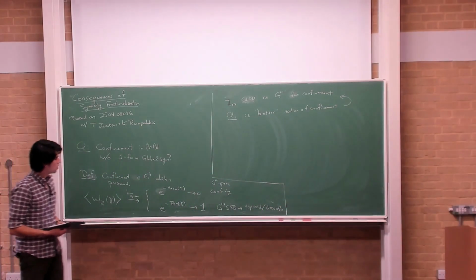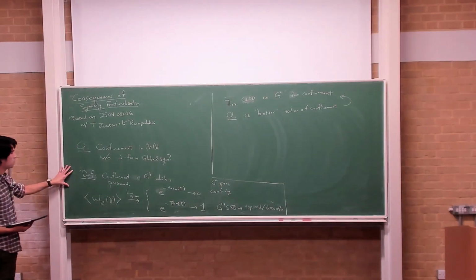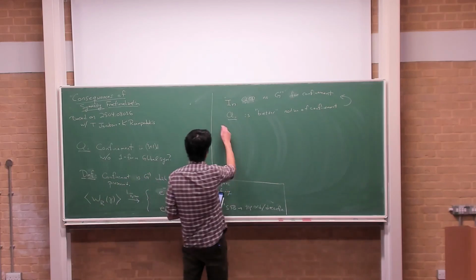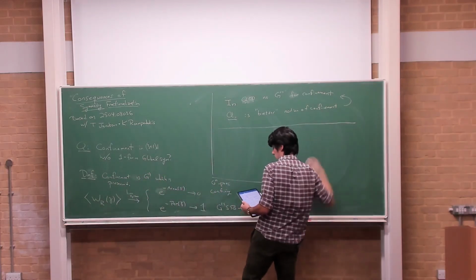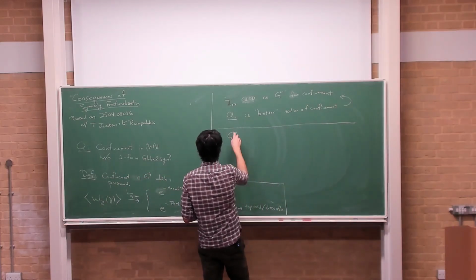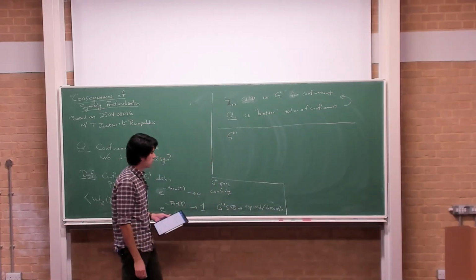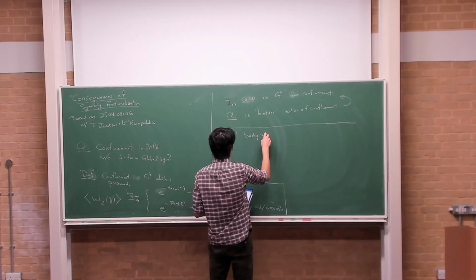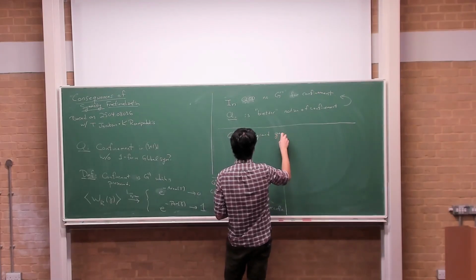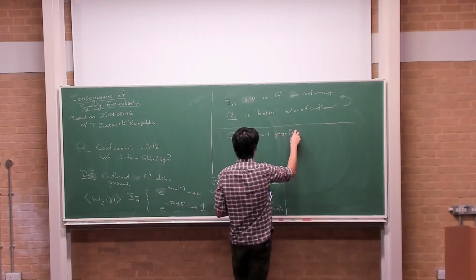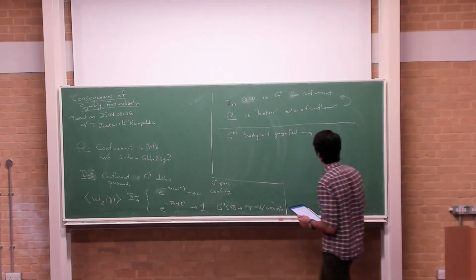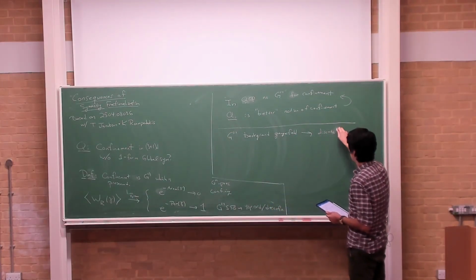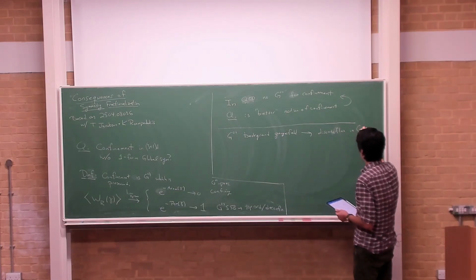Cool. So one thing we know about one-form global symmetries is that when you turn on a background gauge field for the one-form global symmetry, what this does is it turns on some sort of discrete flux in the gauge group.